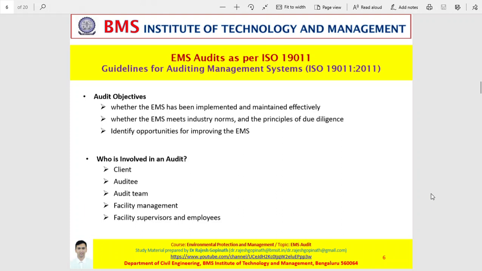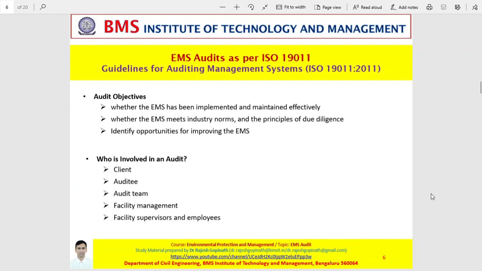Let us have a review of the guidelines that are mentioned in ISO 19011 for auditing EMS. Primarily, the document will have something called the audit objectives.